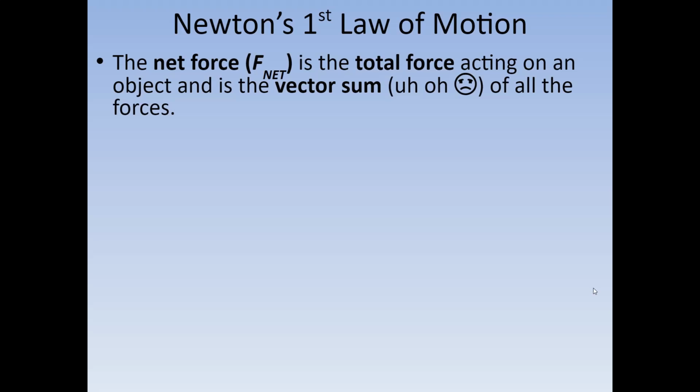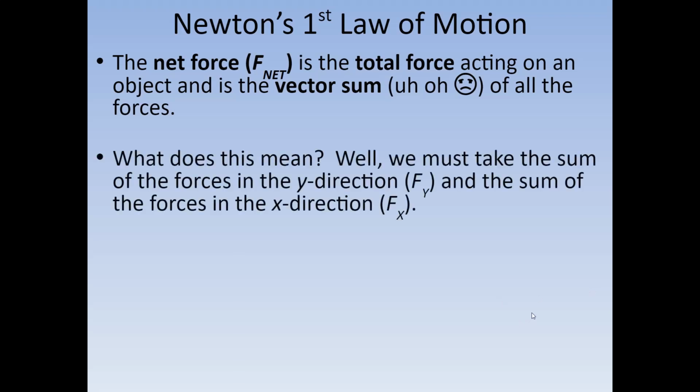Net force is essentially the total force acting on an object. Keep in mind that force is a vector, so direction matters. So when we say it's the total force acting on it, we mean that it's the vector sum, right? So if you have two forces going in the same direction, you add the forces. If they're going in opposite directions, you subtract the forces.